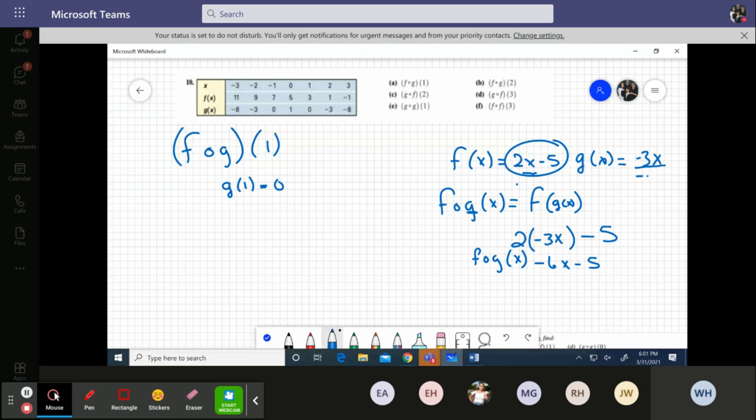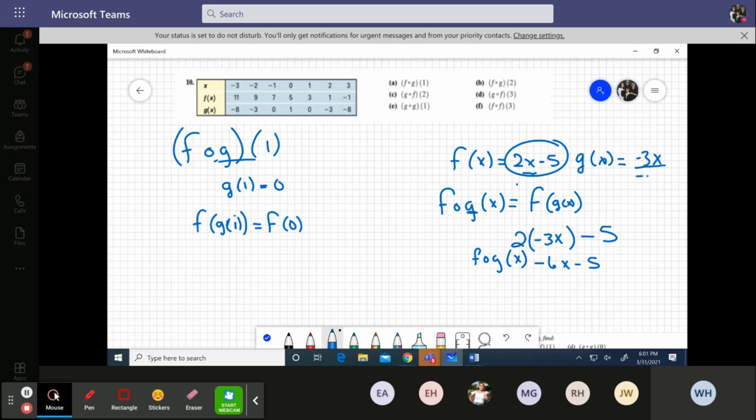So if I need f of g of x, and g, not x, I'm sorry, that should be a 1. And g of 1 is equal to 0, then what I need is f of 0, right? You get the inside function.